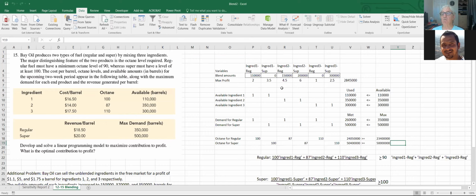Of course, you need to mix it because you need more than 110 barrels. So you mix it with ingredient 2, and you don't mix it with ingredient 3. And for the super gas, you don't take ingredient 1 at all, but then you take 2 and you take 3. And these are the quantities.